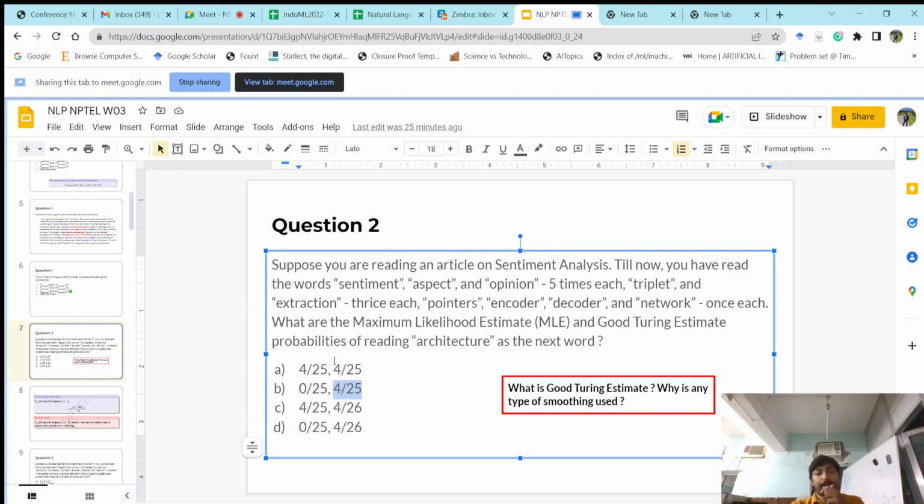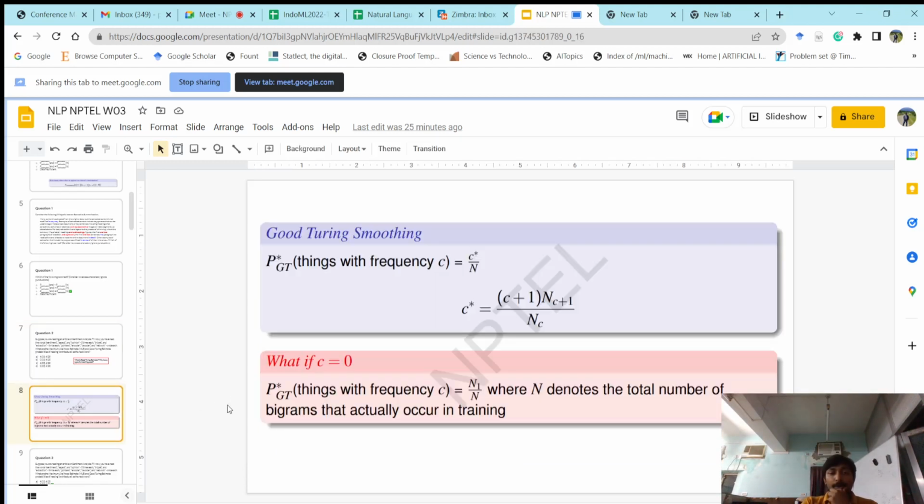So that is why any kind of smoothing is required. Now coming to the Good-Turing smoothing, it is based on this formula. So P star GT for things with frequency C equals C star by N, and C star is represented by this formula.